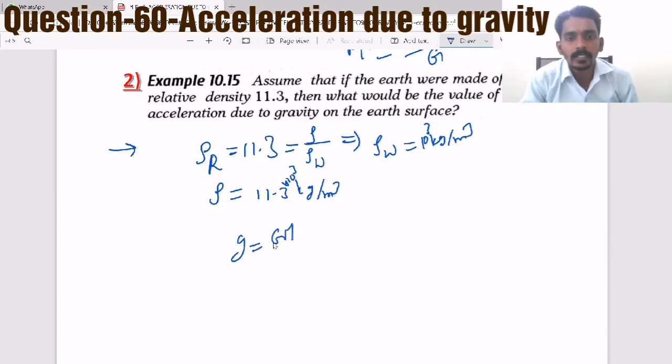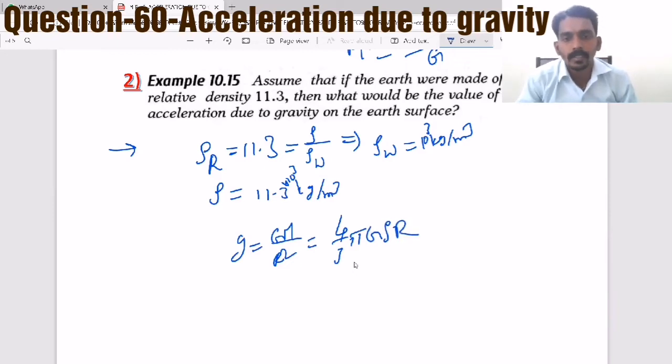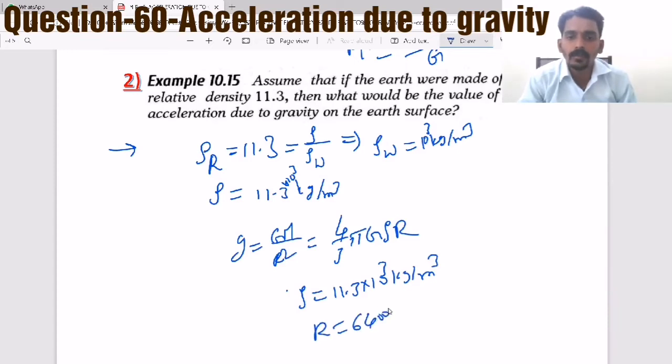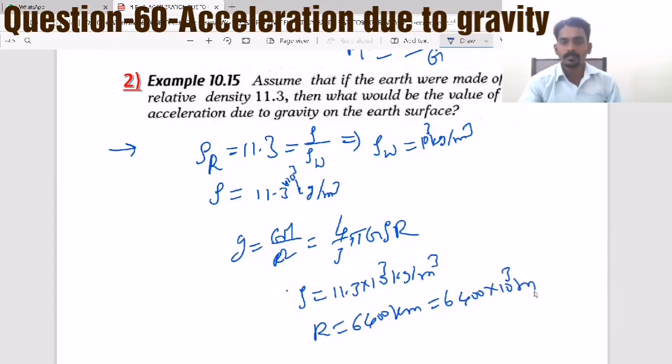Now the g value is GM by R square, but that is also equal to 4 by 3 pi G rho into R. So 4 by 3 pi G, everything is constant, and density is 11.3 into 10 power 3 kg per meter cube, and radius is 6,400 kilometers, or else 6,400 into 10 power 3 meter.